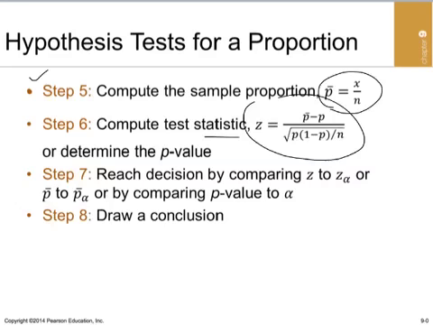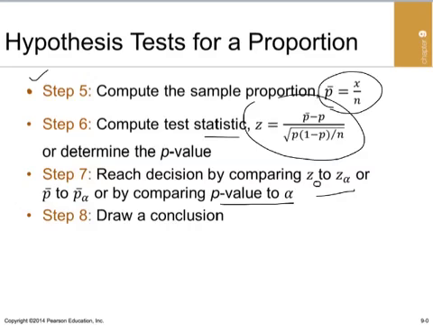Reach a decision by comparing the observed value, Z observed, to the critical value, Z crit, and or by comparing the p-value to alpha. P-value concept is also the same.